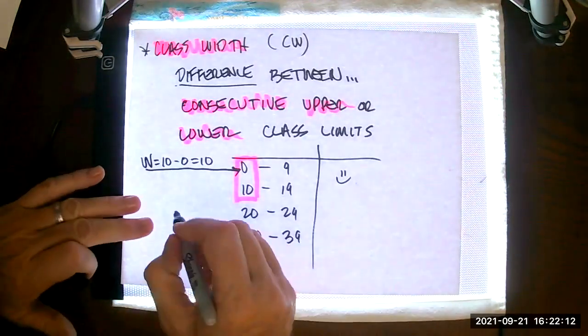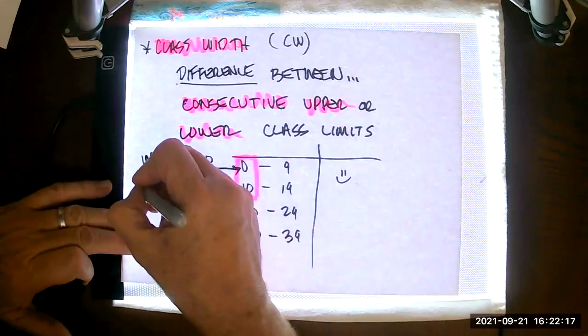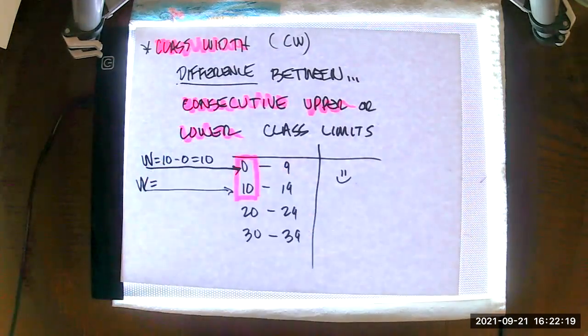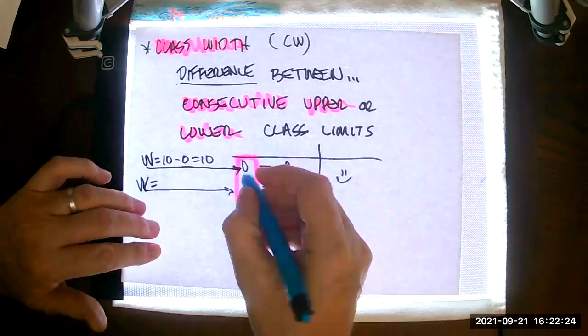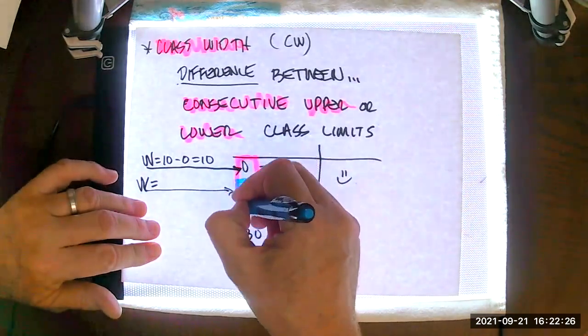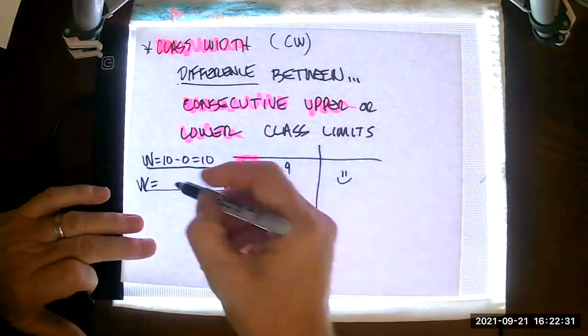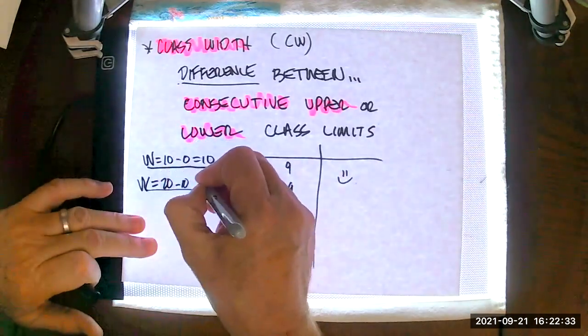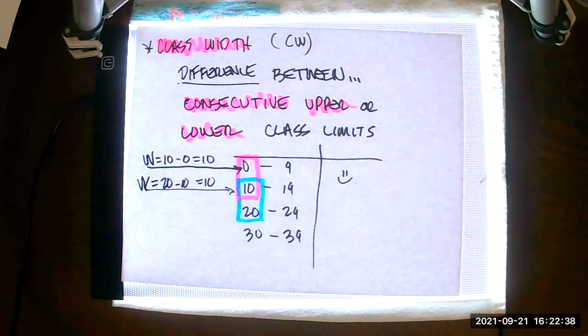When I get to the second class, I'm going to use consecutive lower class limits again. You can already see that these classes are going to have the same width just because of the way they look. But if I ask you on an exam, you want to be able to answer the question correctly.